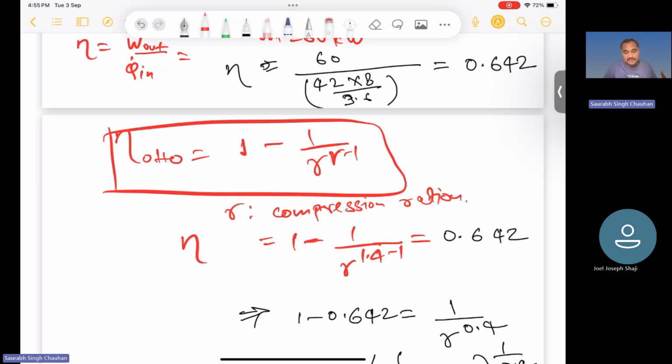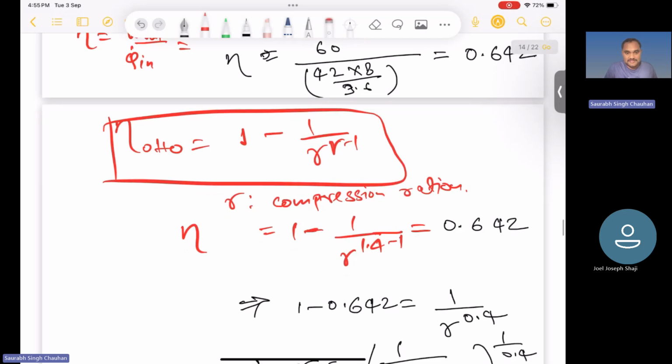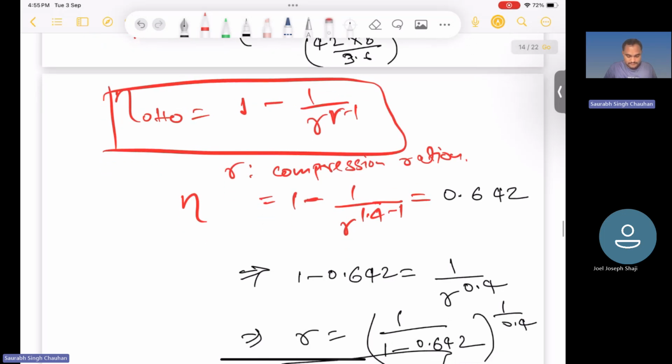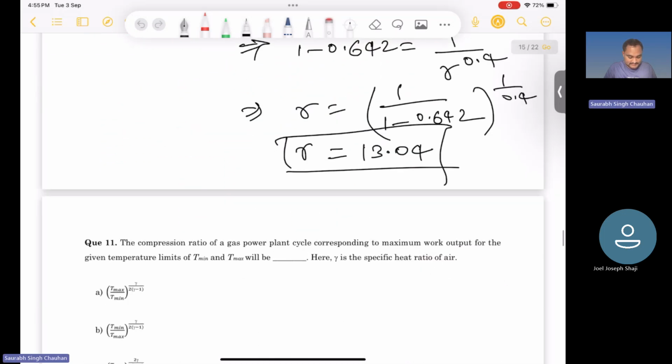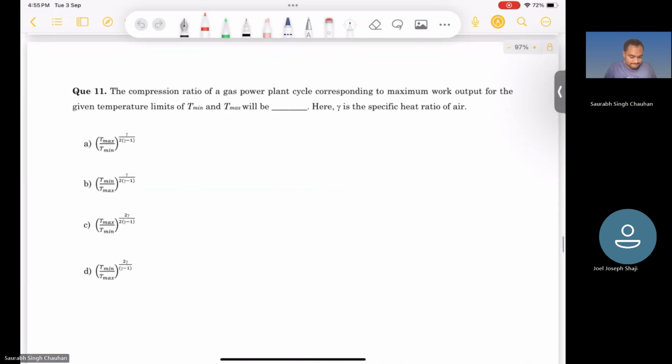If you increase the gamma, then what will happen? You don't need to memorize this, you just need to understand this. Because many times in exams or some other places, it can be asked that if you change the compression ratio, then how it will affect the efficiency or something like this. So if it is clear, then we will move to question number 11.